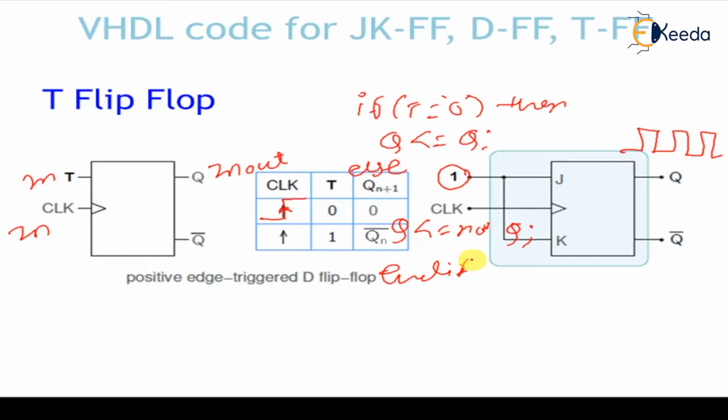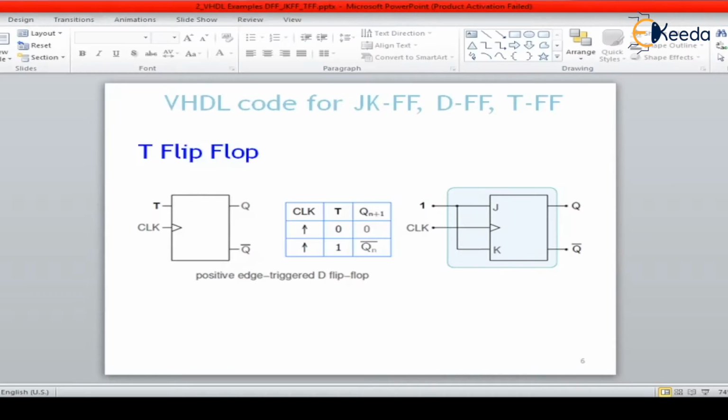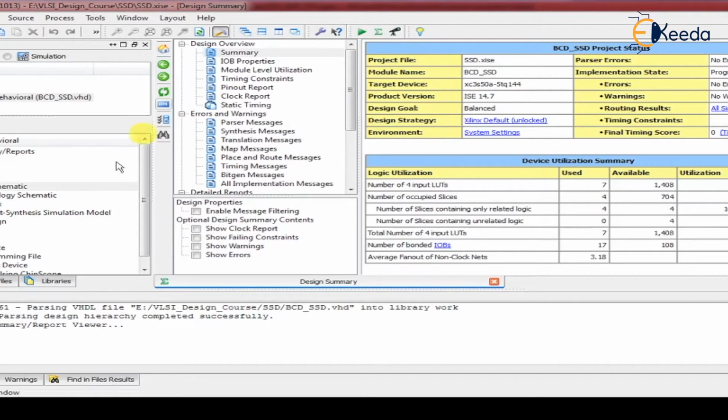So let's go back to ISE and try to write a VHDL code for this JK flip flop, D flip flop, and T flip flop. Let's check the simulation, because through simulation we can understand it very easily. I'm opening ISE.